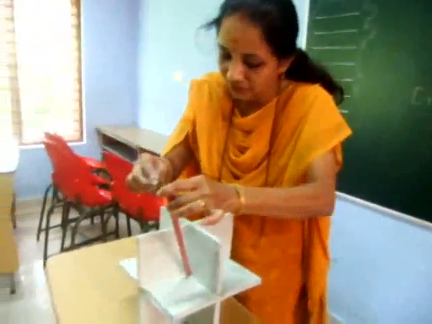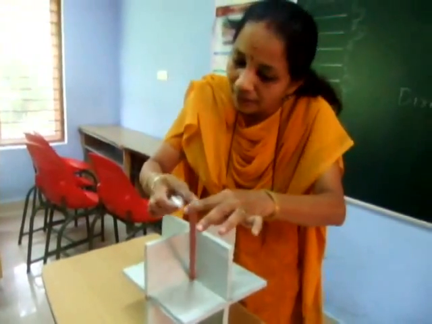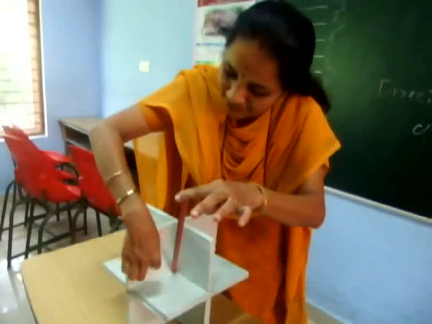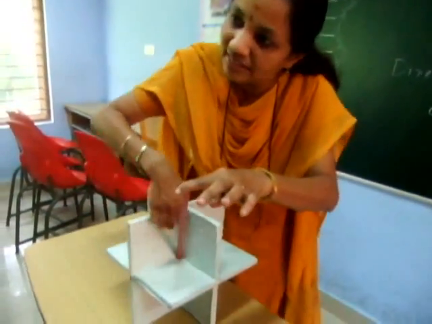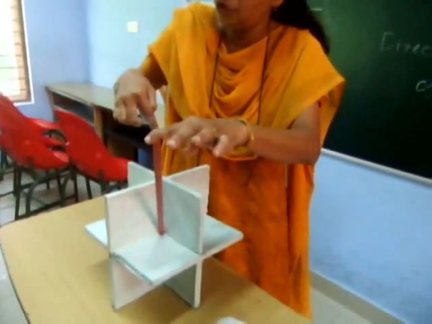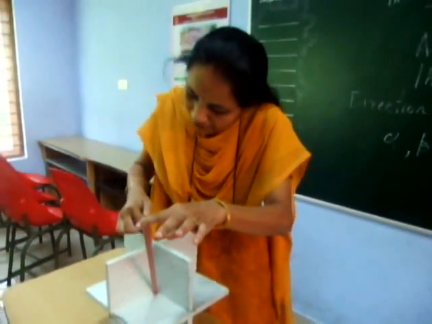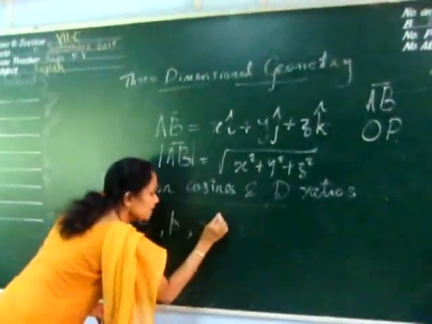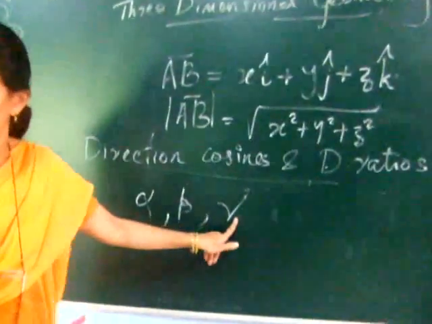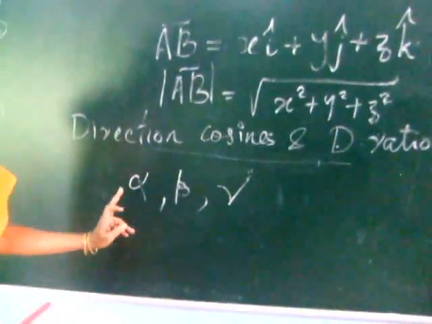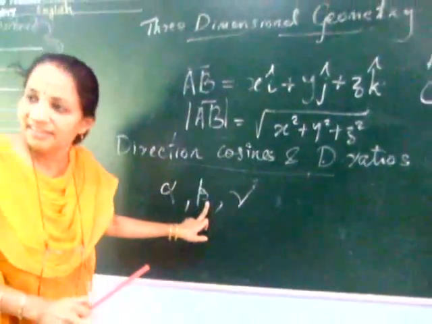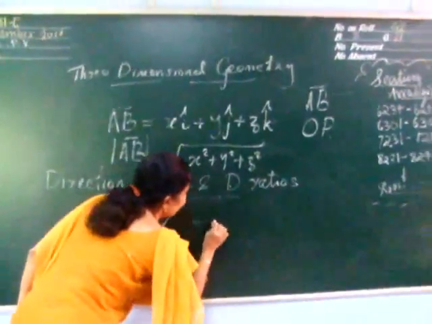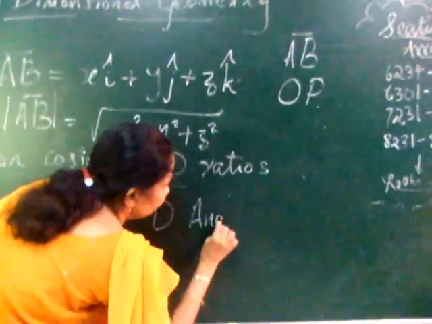And the third one is the angle between the line and the positive direction of the z-axis, which is gamma. So alpha, beta, gamma are the three angles made by the line with the positive direction of the x-axis, y-axis and z-axis. So these three angles are called direction angles.